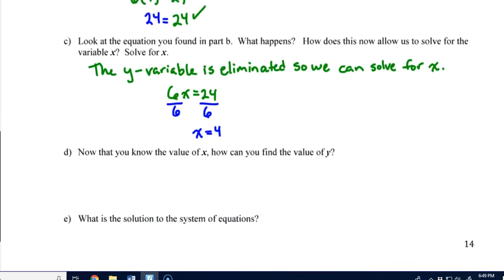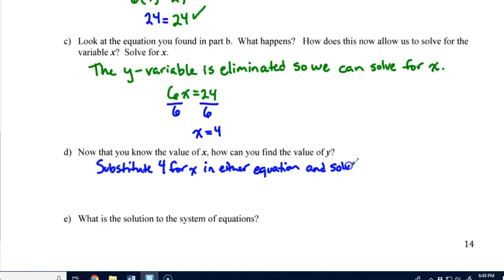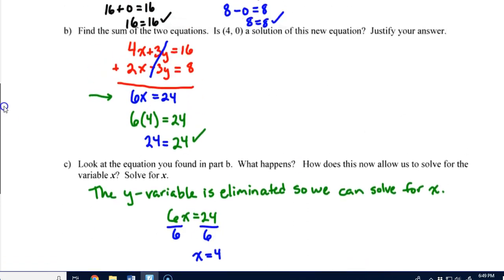It says, okay, now that you know the value of x, how can you find y? Well, we can do a substitution, right? So I can go back to either equation that has x's and y's.